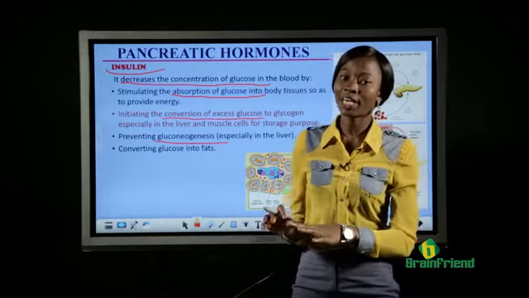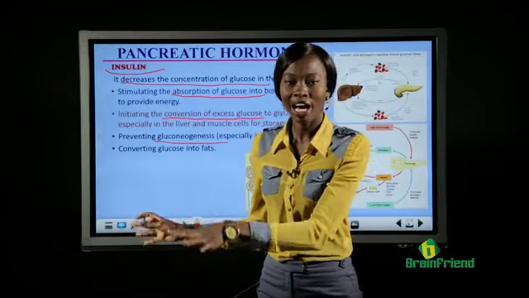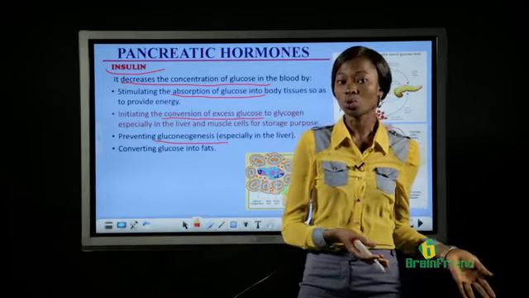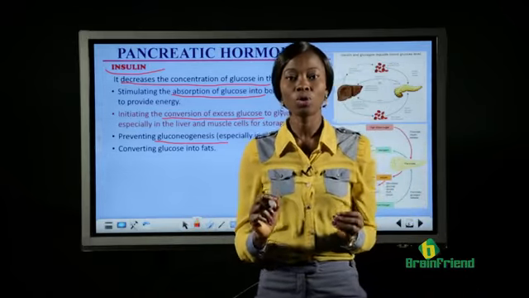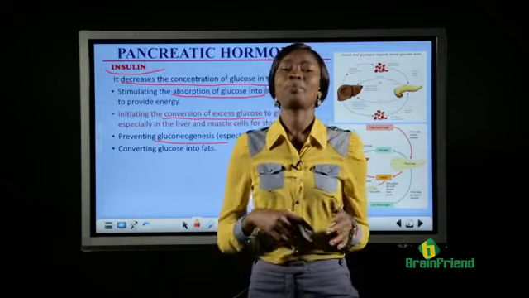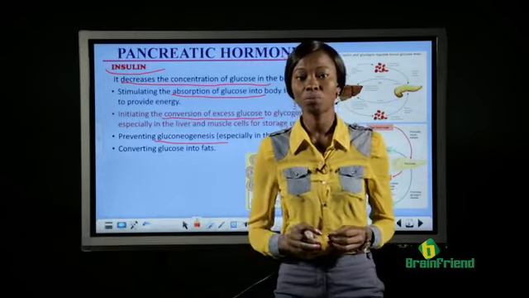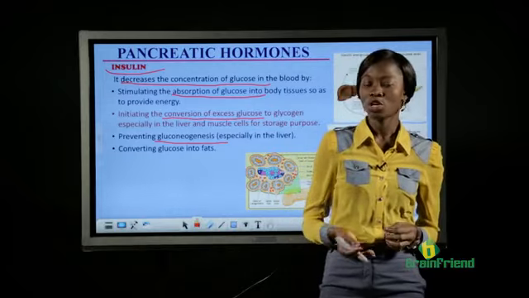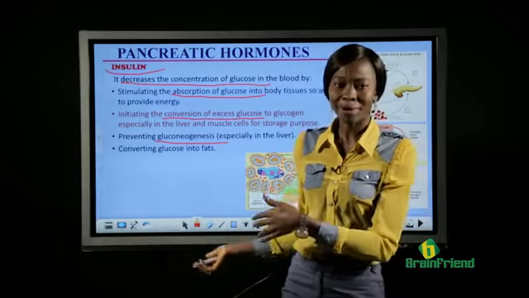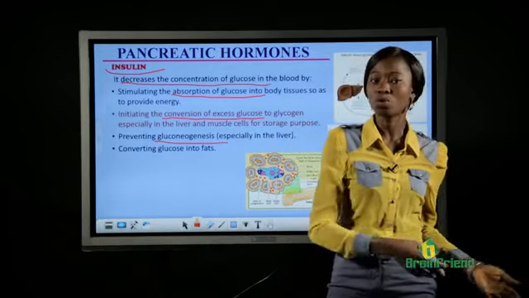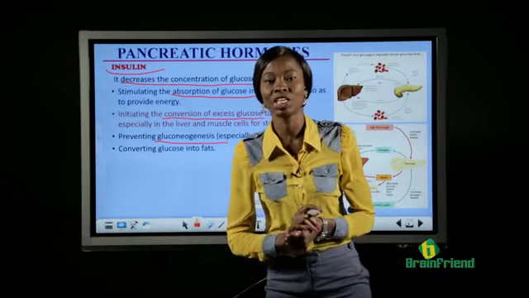This process is known as gluconeogenesis. By converting these molecules into glucose, the concentration of glucose in the blood will be increased. So during prolonged fasting, this mechanism helps to provide glucose, which is used to generate energy in the body.